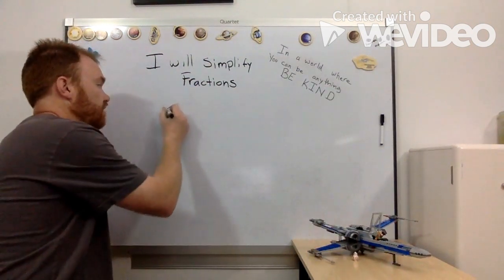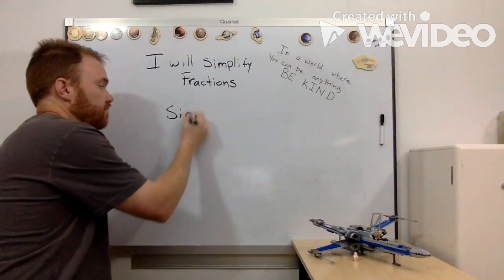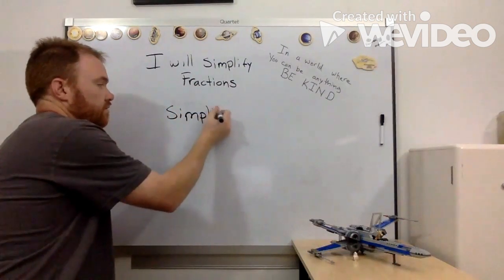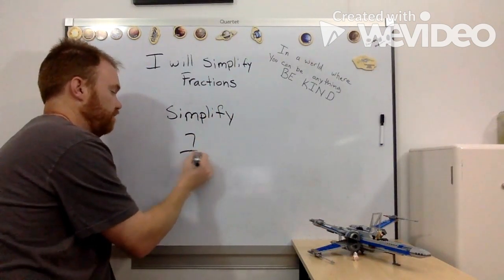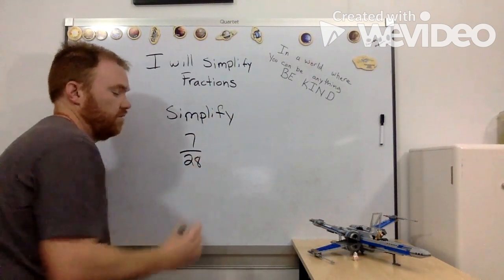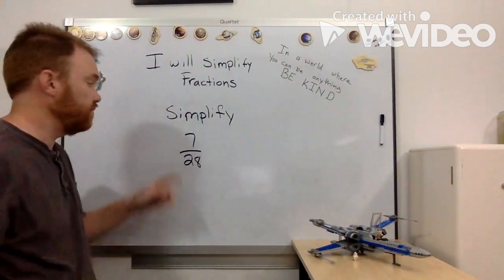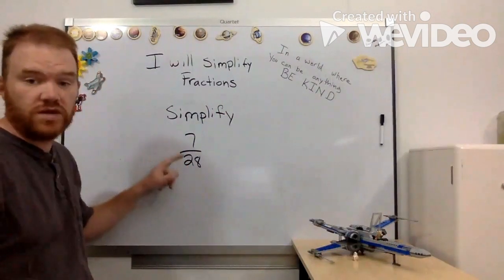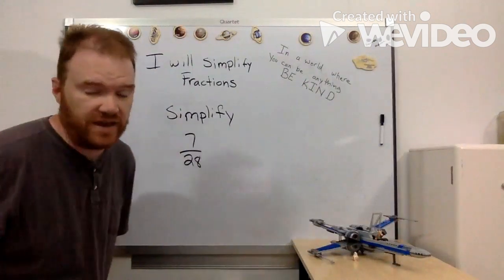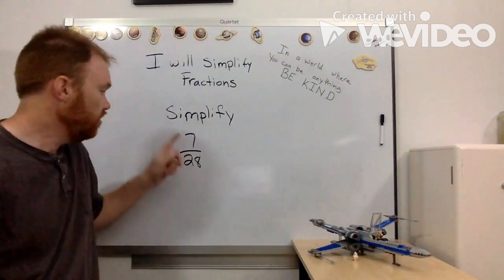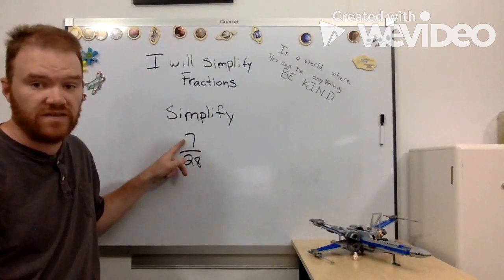So I want to simplify 7/28. A lot of times somebody will see 7/28 and think, oh, 7's a prime number, so I can't simplify. That's not true. Even if there's a prime number here, we can simplify.